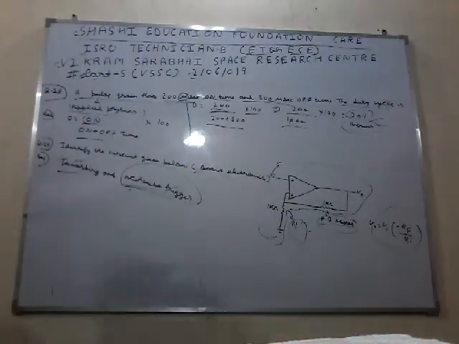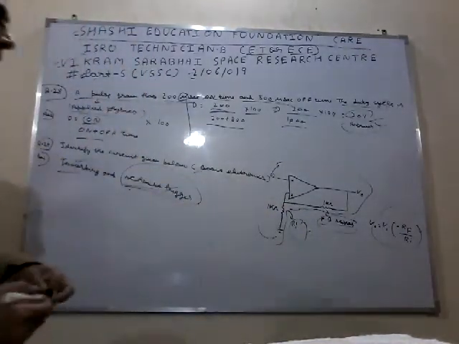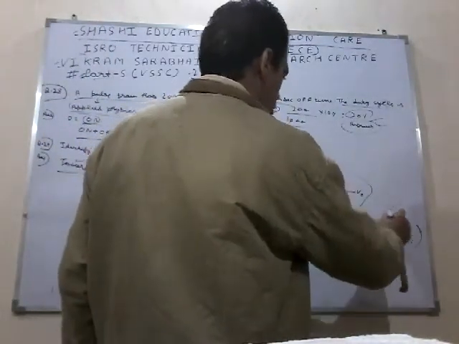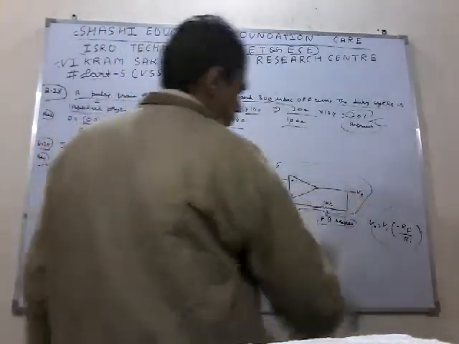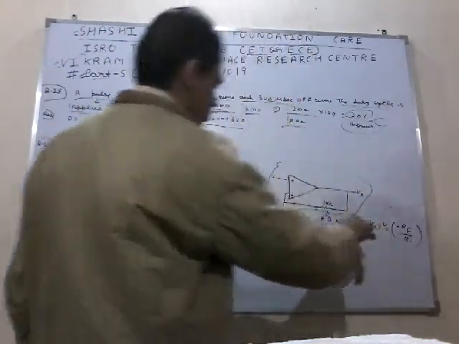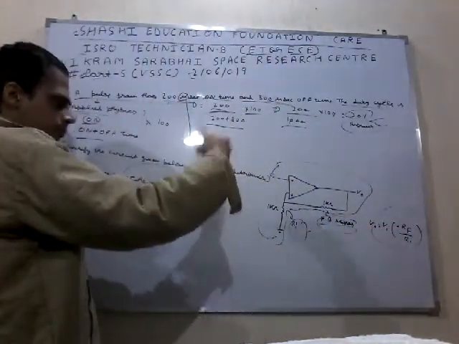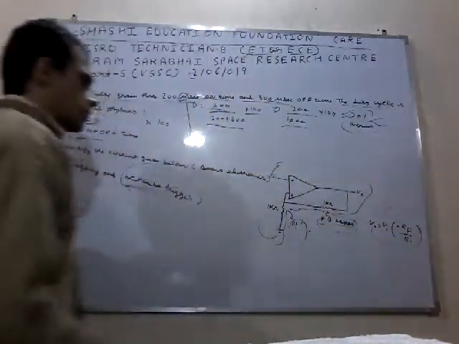According to that scenario, I wrote here input resistance and forward resistance. The output voltage equals the input voltage multiplied by minus forward resistance upon input resistance.